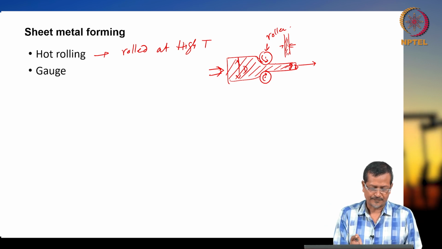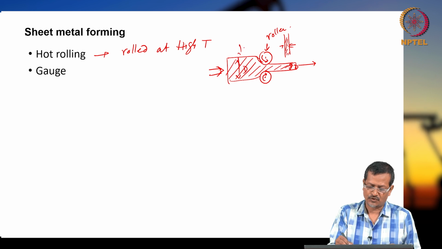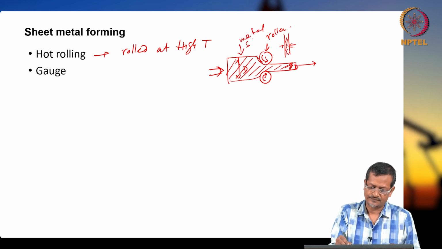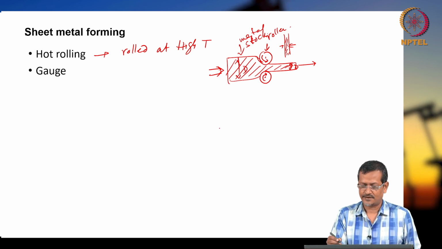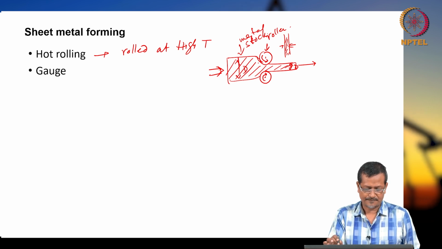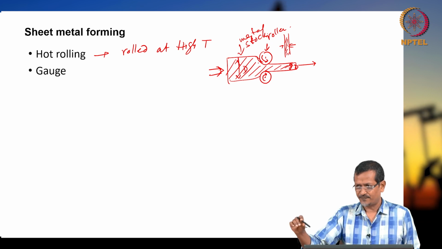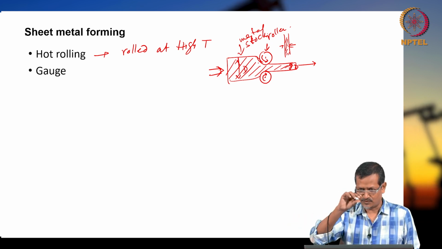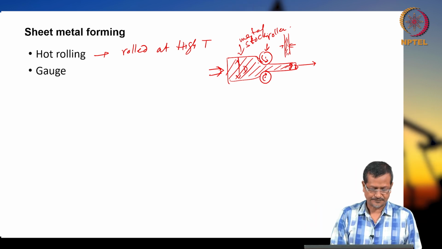So rolling is a metal forming process in which metal stock is passed through one or more pairs of rollers to reduce thickness, to make it uniform. Unevenness is there, so that will be made uniform, and uniform thickness sheet will be produced.